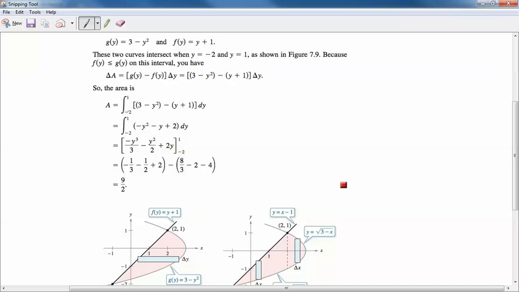So when you set up your graph here, they found the y intersection points, -2 to 1. Alright, that's very, very important. If you set up one right minus left, the only time usually you do that is if your equations are x equals y. Then make sure you use y intersection points with your integral. Okay.